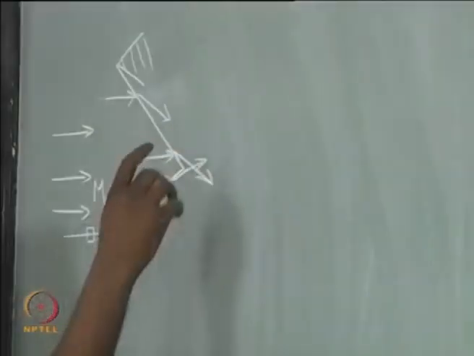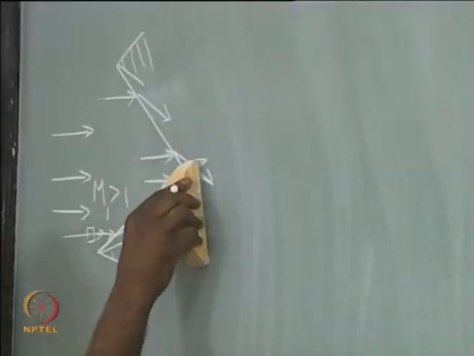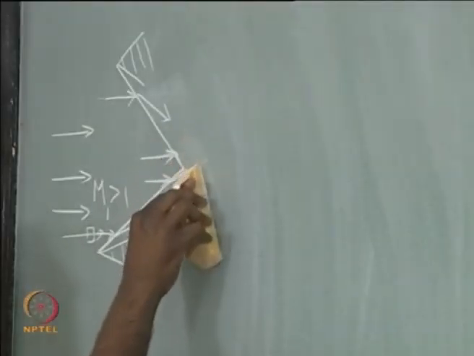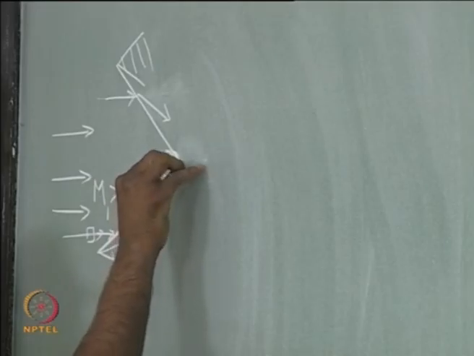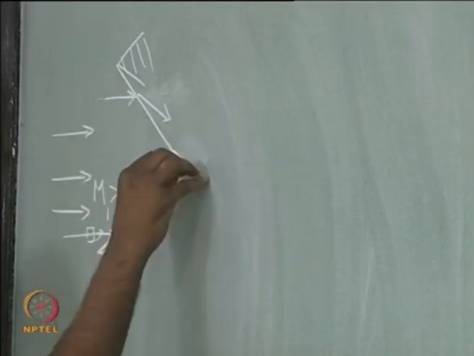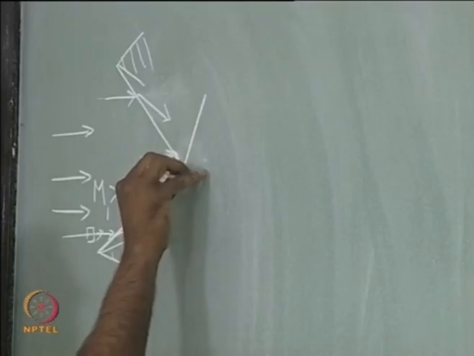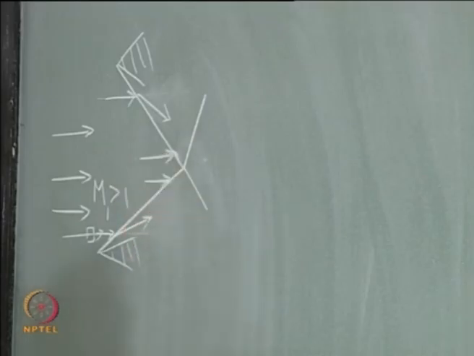So they will deflect in such a way that they will come to a new equilibrium. I will draw it in a particular way, we will explain it later. I will correct it a little bit, something like this. This is what will happen.